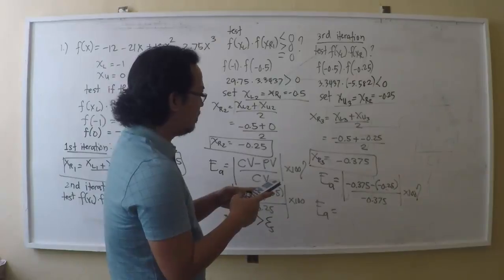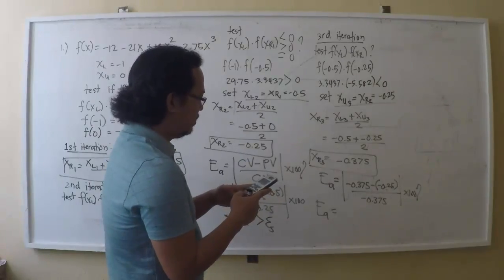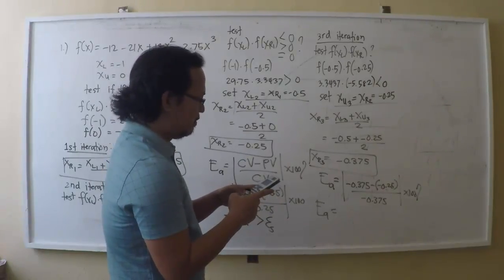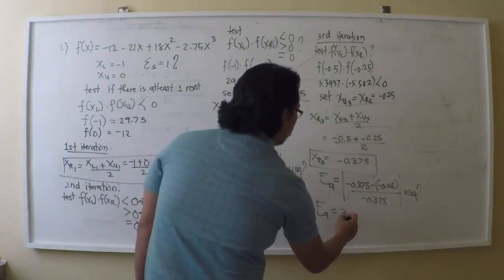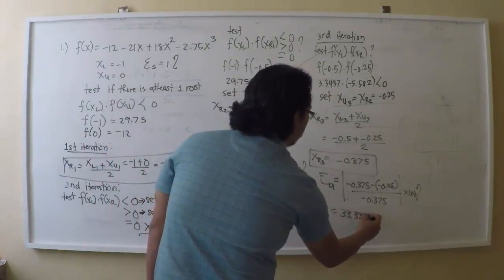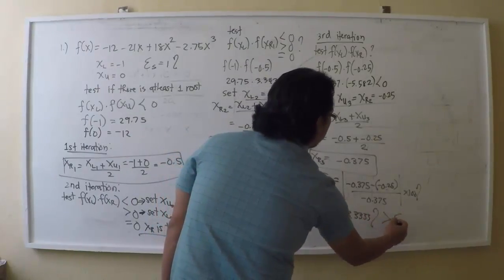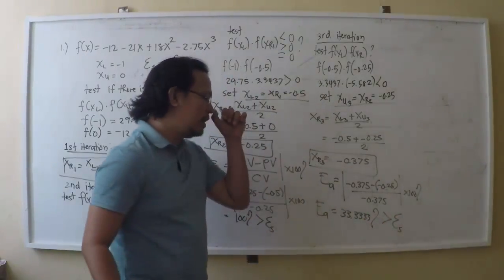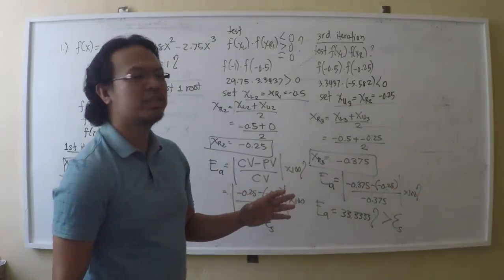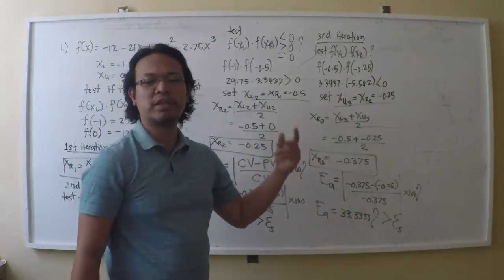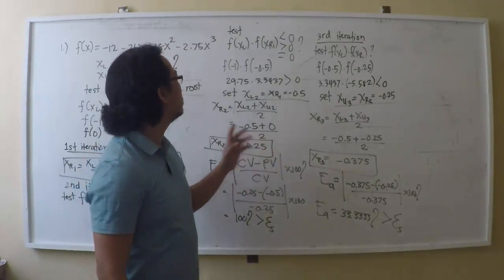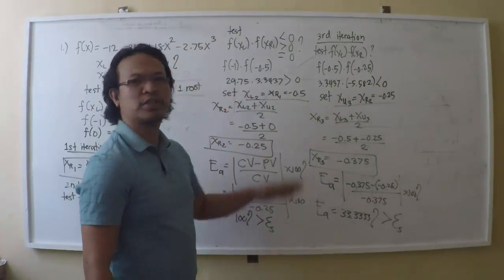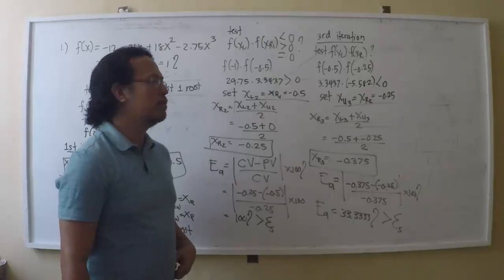Negative 0.375 plus 0.25 divide negative 0.375 times 100. The error is still 33.33%, still greater than the stopping criterion. And then after that, you go to the fourth iteration, and then you test. So this is the solution in bisection.